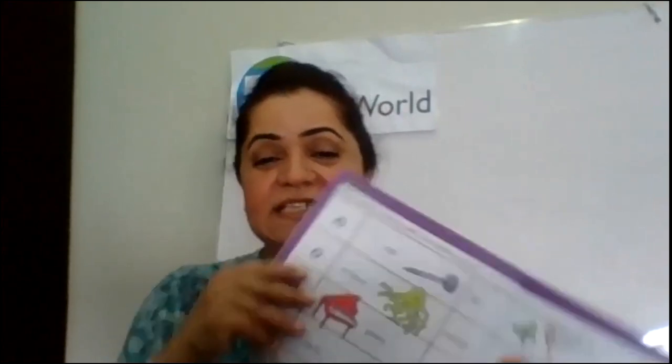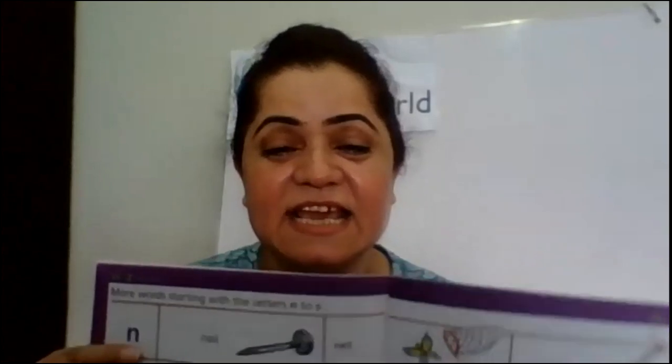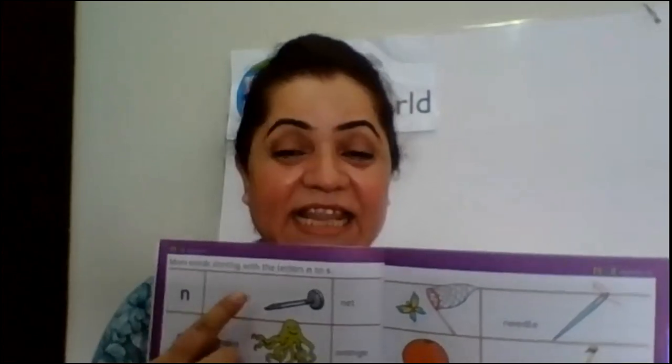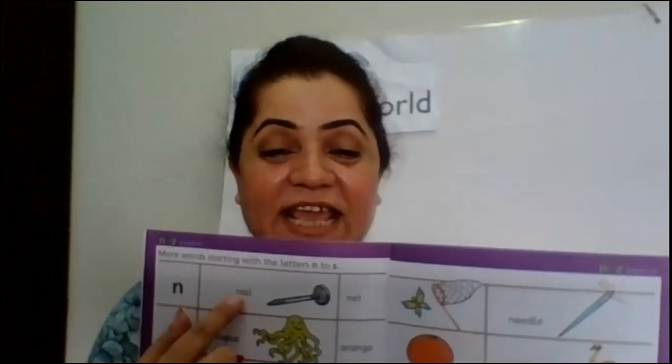First of all, we're going to have a look at this page, page number 22 and 23. We have got a lot of vocabulary over here. We have done that already, and we are going to just revise it. Now, look at this N. Remember we did nail? N is for nail.